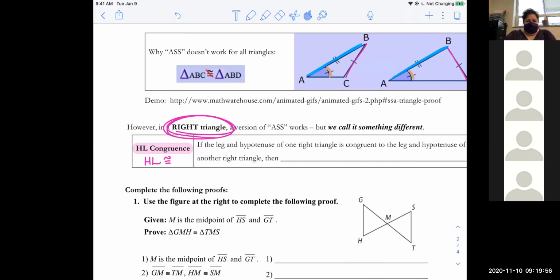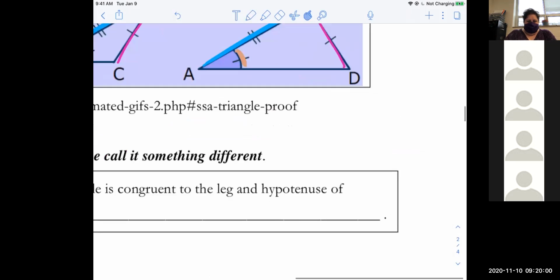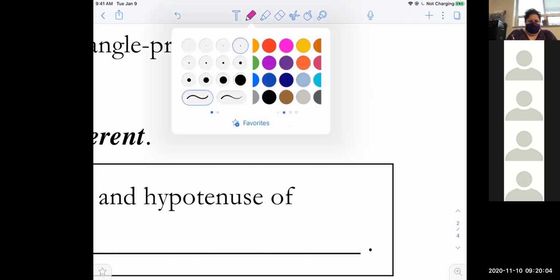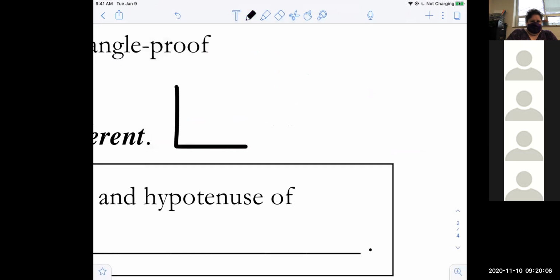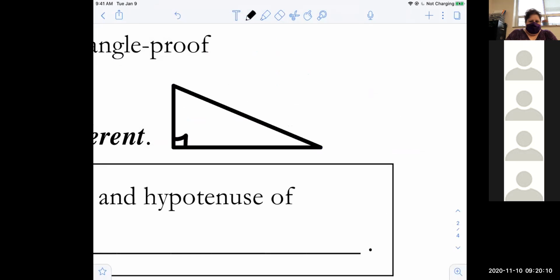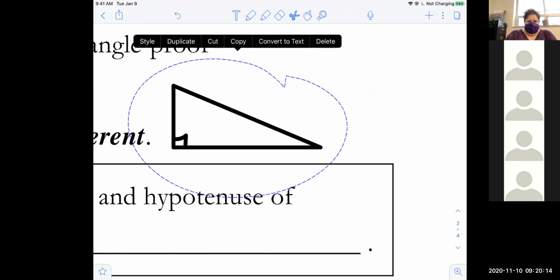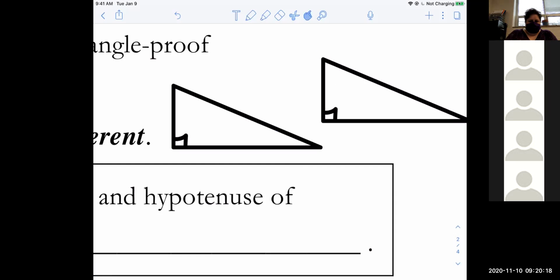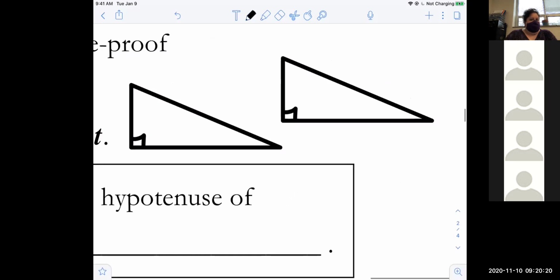If the leg and hypotenuse of one right triangle are congruent to the leg and hypotenuse of another right triangle. So this is what it's going to look like. For hypotenuse leg, you'll have two right triangles. Draw yourself a right triangle there, mark the right angle. I'm going to go ahead and just copy this over. Which side is the hypotenuse?